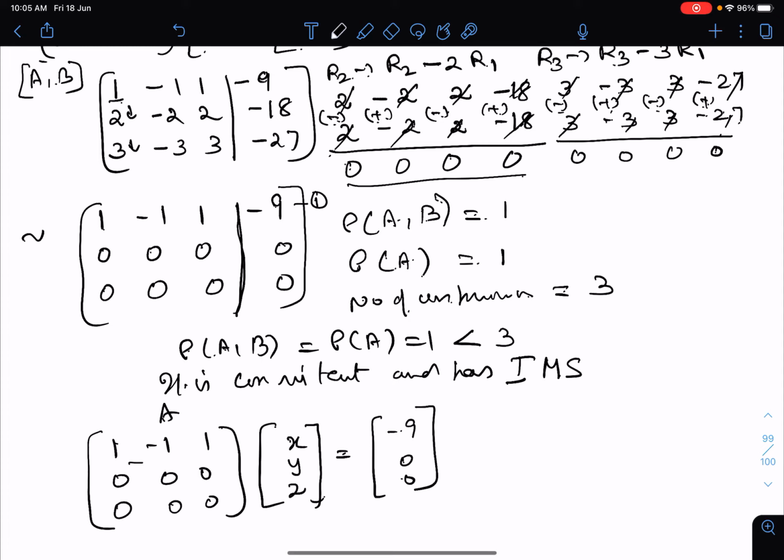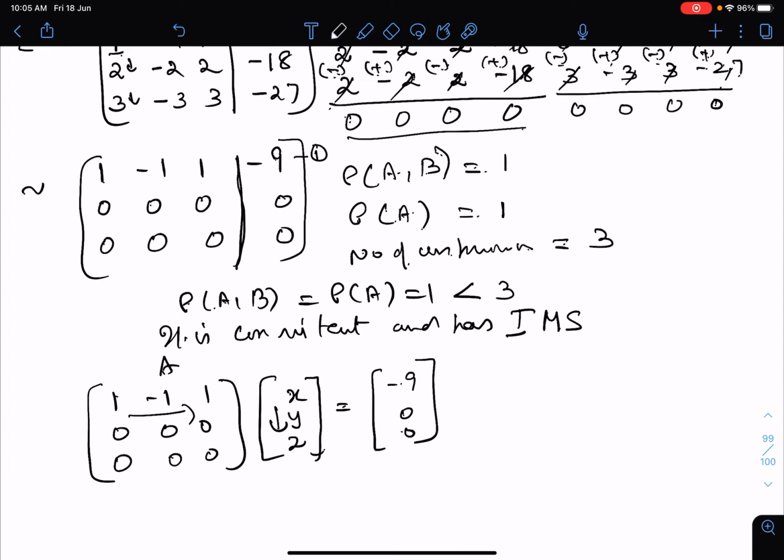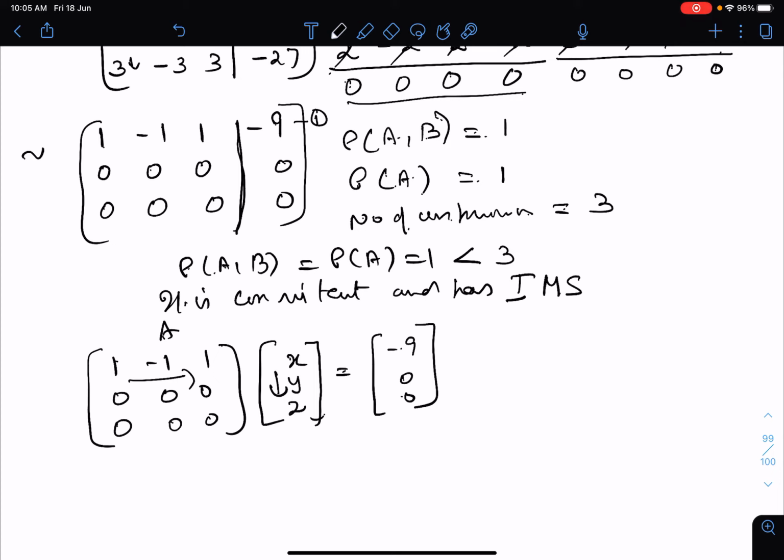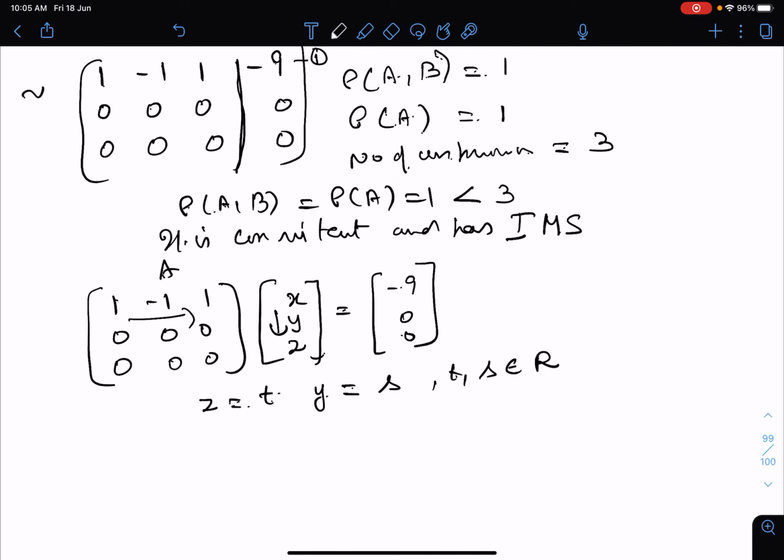So when you multiply by this, using back substitution for Z and Y you get 0, which is not possible. We have to get the solution for all the 3. So you have to substitute Z equal to T and Y equal to some S, where T comma S belongs to the real numbers. Okay, this is how we are going to do.